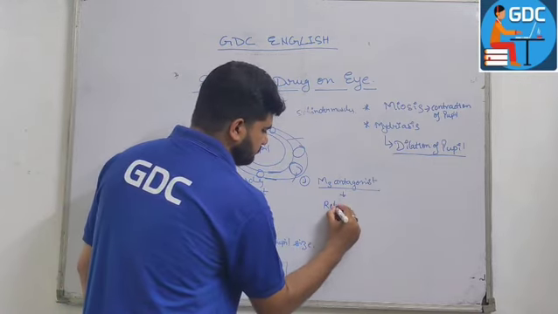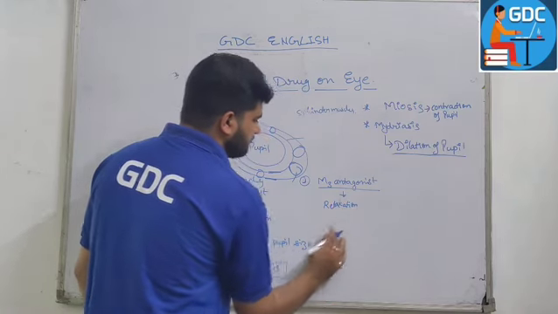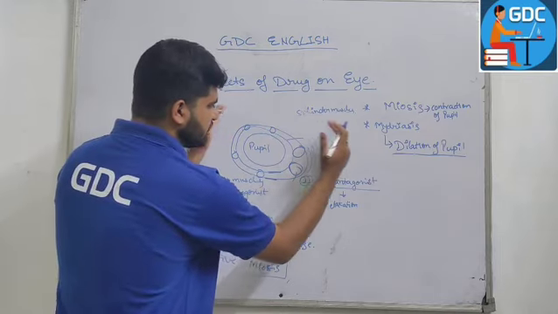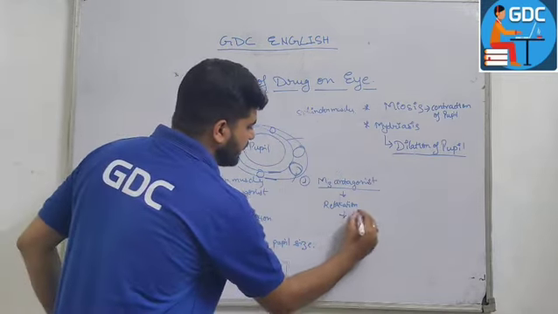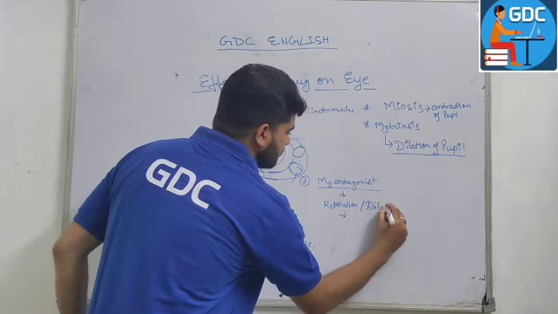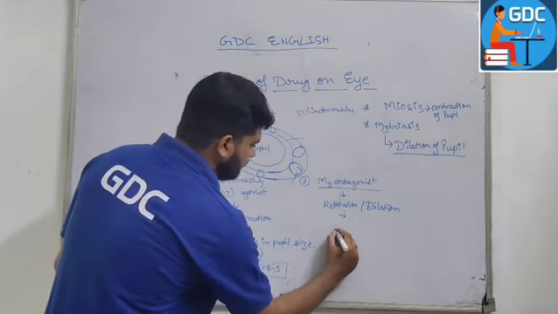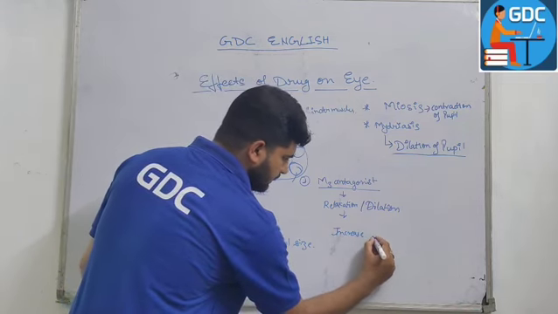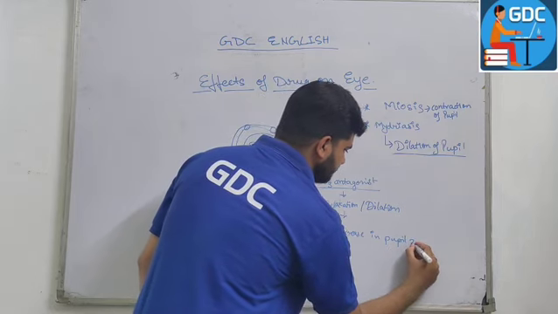Relaxation means this side, so there will be a dilation. There will be an increase in pupil size.